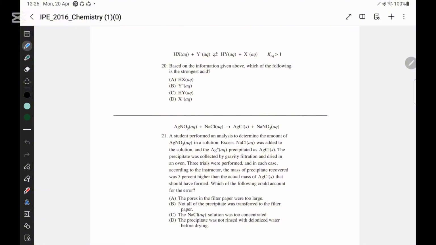The next question, they are saying, based on the information given above, which of the following is the strongest acid? If you see, that is going to be an acid, that is a base, this is going to be the conjugate base, and that's going to be the conjugate acid.